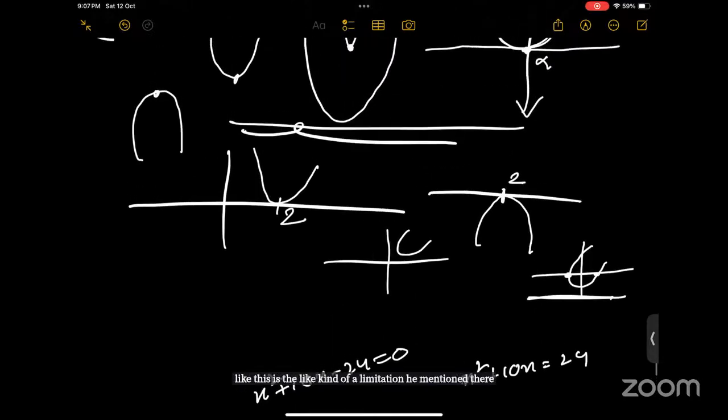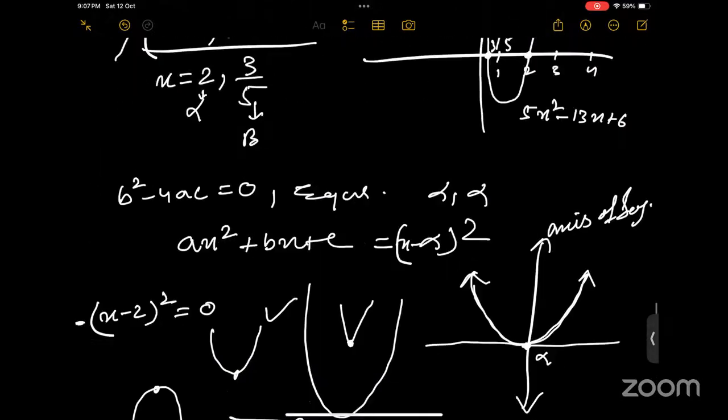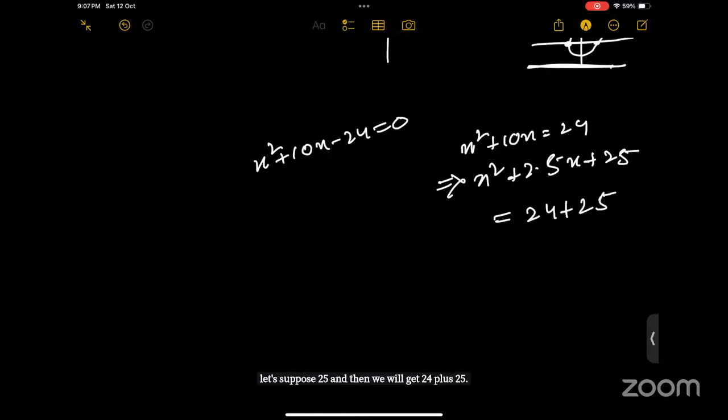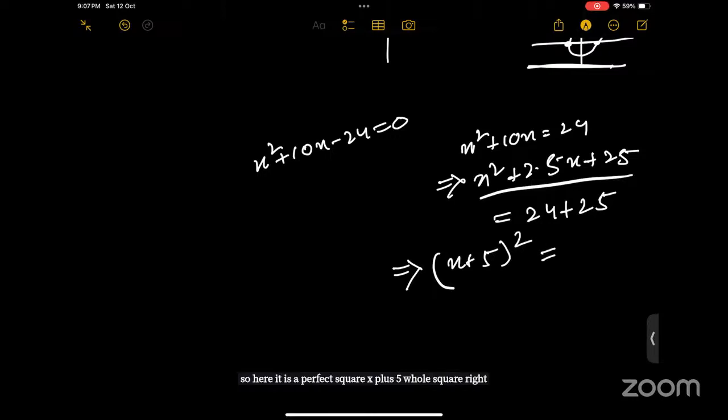Basically he is indirectly talking about the discriminant, because we can treat it with a simple step: 2 into 5x plus, suppose, 25, and then we will get 24 plus 25 here, right? So here it is a perfect square, x plus 5 whole squared, and here we are getting something positive, basically 49.